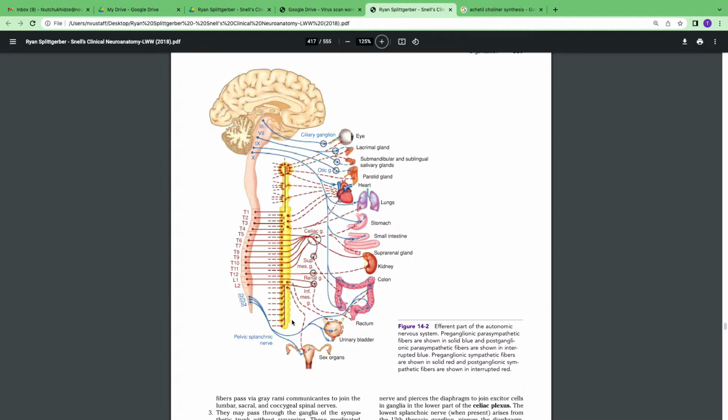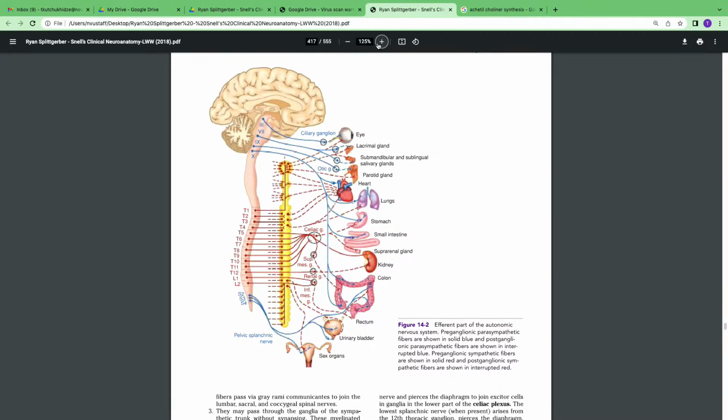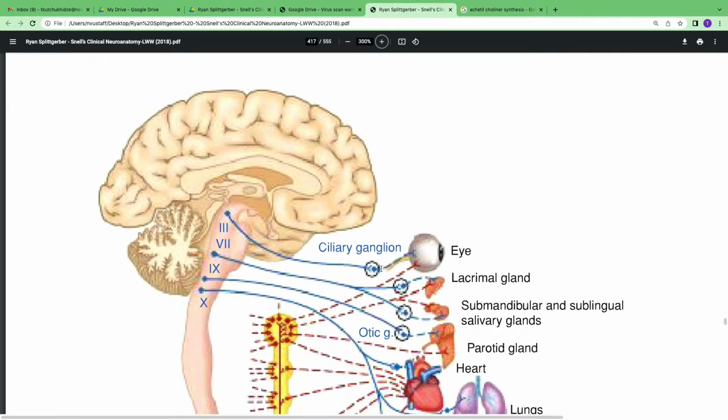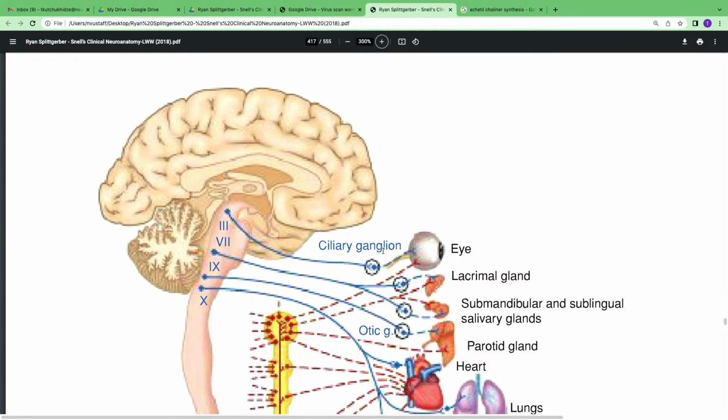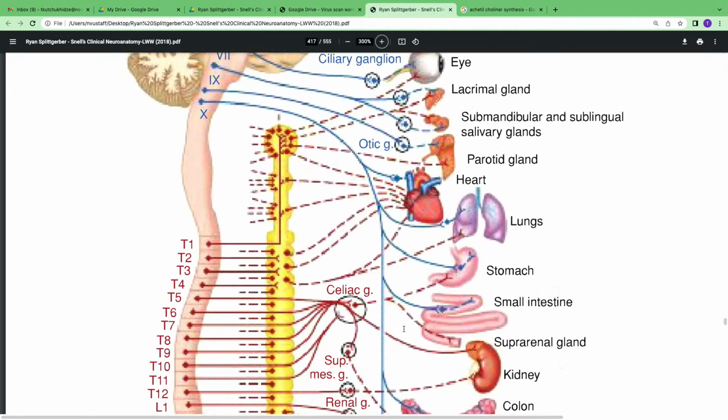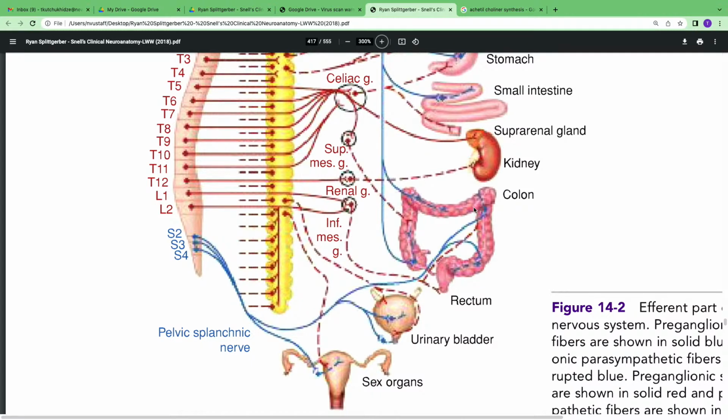Vice versa, the parasympathetic ganglia, as you see here, I will zoom and you will see it. See, this ganglia is not located next to the paravertebral area. It is located next to the visceral organ. For example, here and here, they are all close together, even next to the organ, right? Even here, the ganglia are next to the organs mostly.